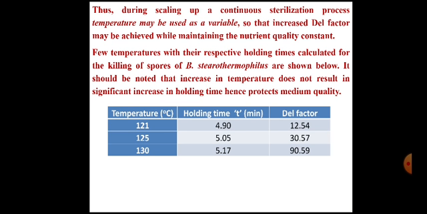What we need to note here is the last column, that is the column of del factor, and the holding time. Here there is a very high del factor, that is 90.59. This is a very high del factor, which means it is very efficient in the killing of a higher number of viable organisms, and the holding time is only 5 minutes.